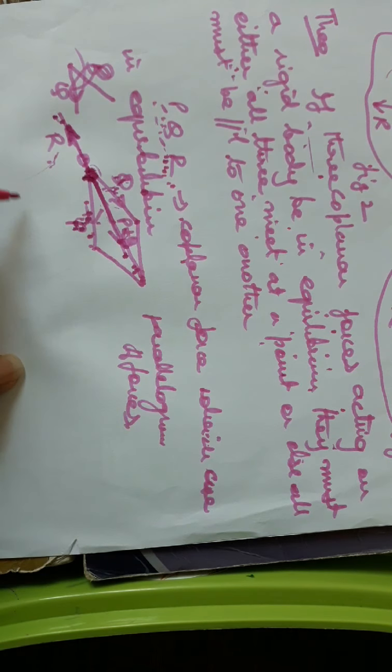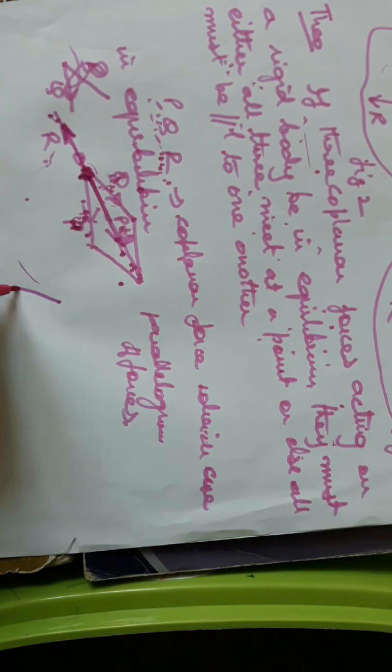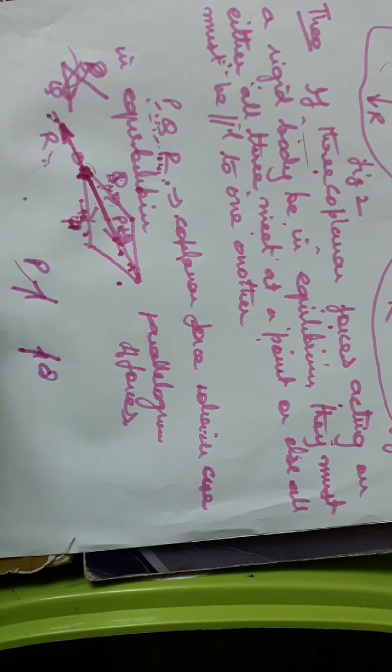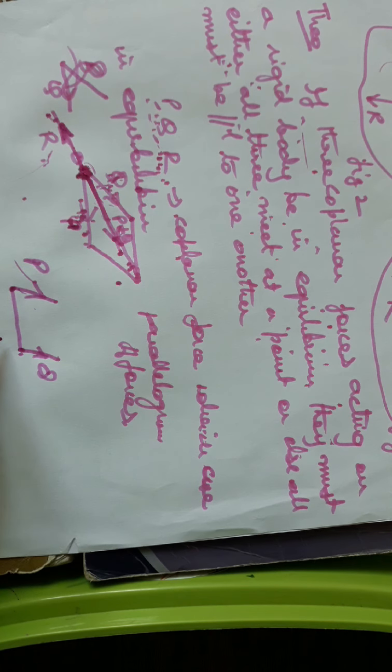Or else, if two of them are parallel, suppose P and Q are parallel forces. This is force P and this is force Q. They are called like parallel forces because they act in the same direction.